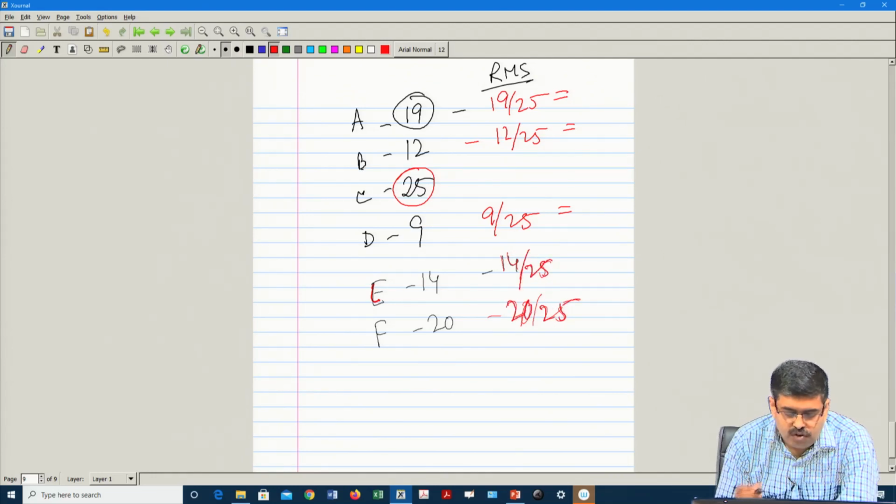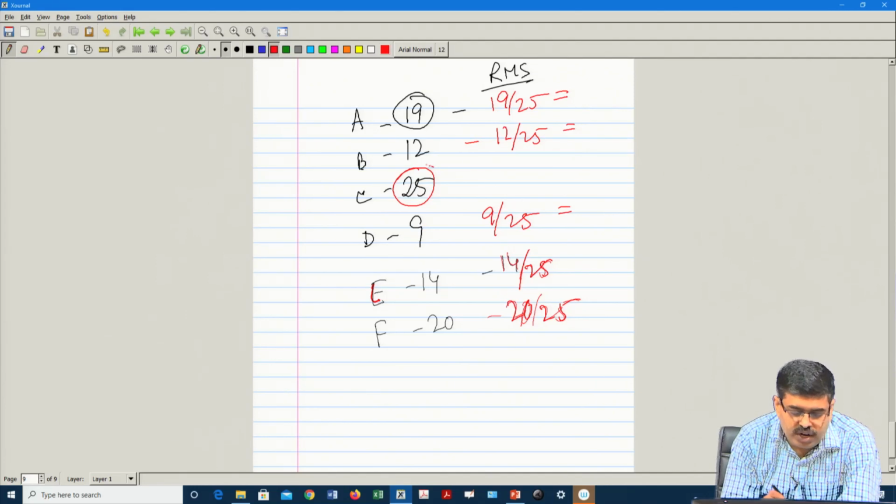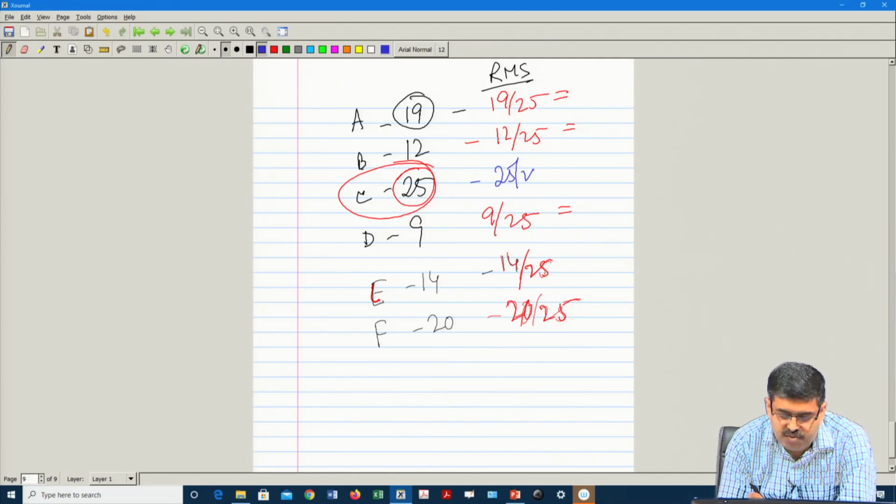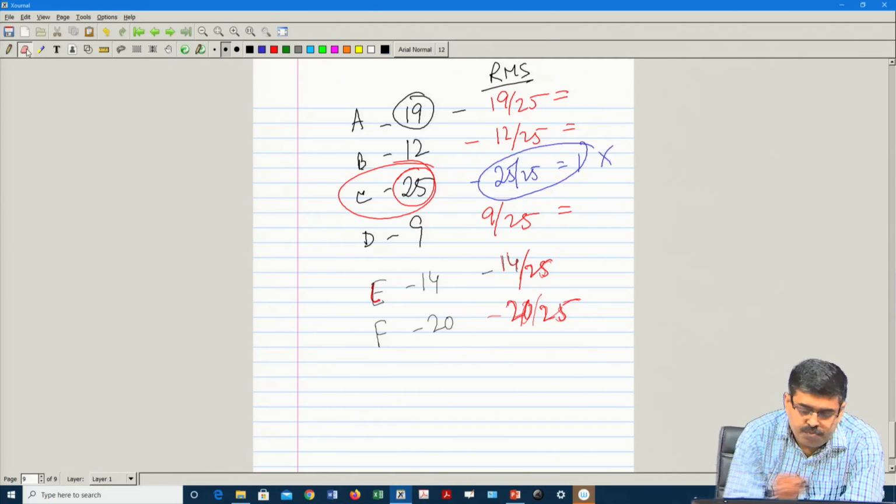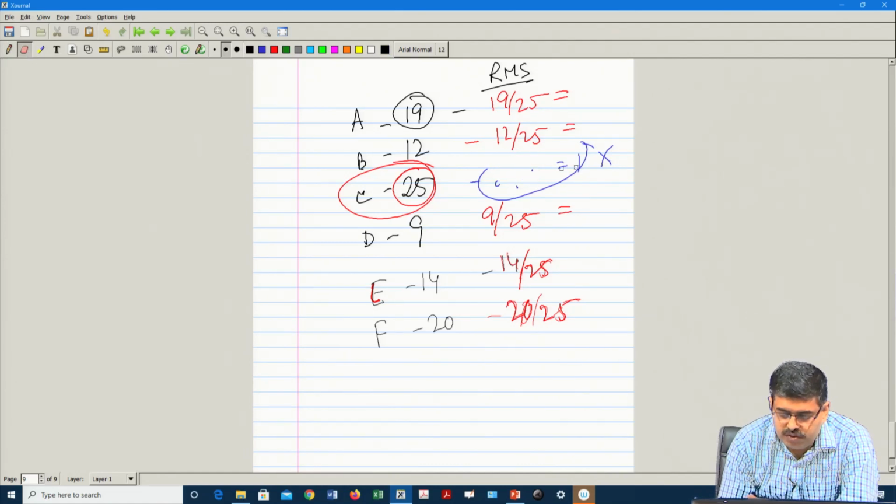Now, the only thing that remains is what is the market share of C? Some of you will say C is 25 by 25, that means 1. No, so this is ruled out.